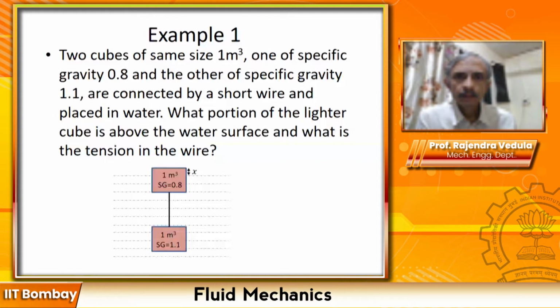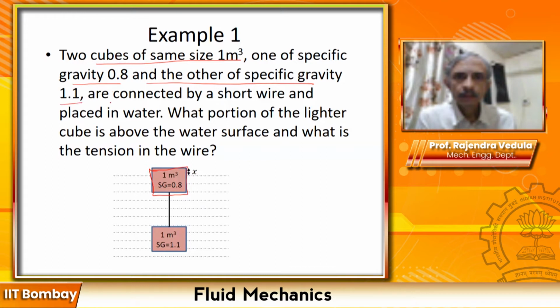We start with buoyancy. There are two cubes, okay? So there is one cube sitting in here. This is one cube, okay? The cubes are of the same size, 1 meter cube. One is of specific gravity 0.8 and the other is of specific gravity 1.1.